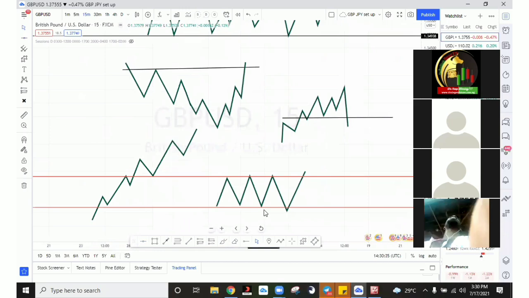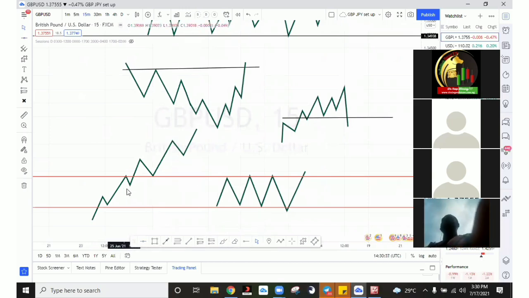And a ranging trader cannot challenge a trending trader, because a ranging trader is only interested in the market getting so high to somewhere and he wants to sell all the way from there to so low to somewhere. All right.